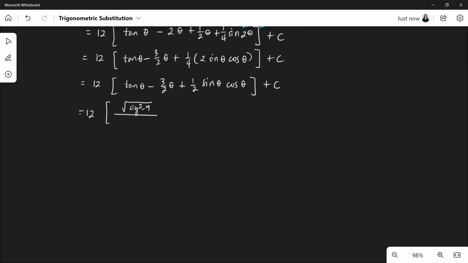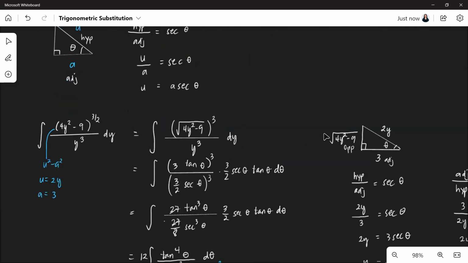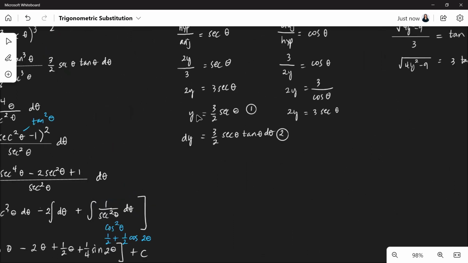And then for the theta, we can actually use any trigonometric function, but since we have written this first equation, these are the bases for the dy, no?